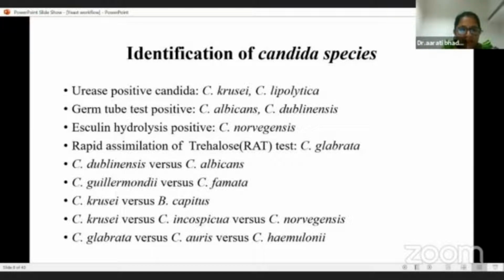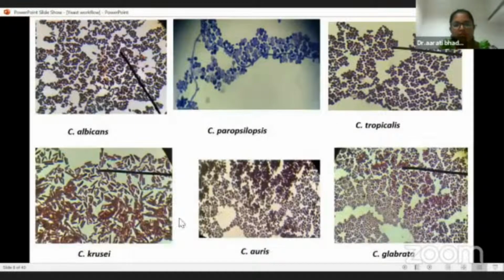Then we have to identify Candida glabrata versus Candida auris versus Candida haemulonii. In the Gram stain, yesterday I showed you these pictures. Whenever a yeasty colony comes, first you check for purity and do the Gram stain to see whether it is a pure or mixed colony, and how the structure looks.